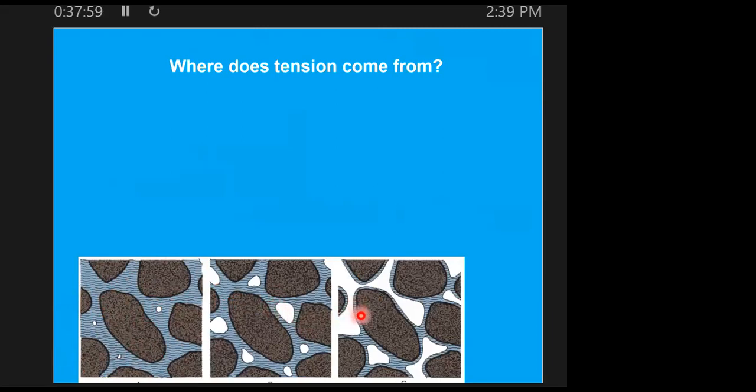So then you get into the situation in figure C, where now you have that thin film of water on the soil particles. And that actually creates a pretty good surface tension.